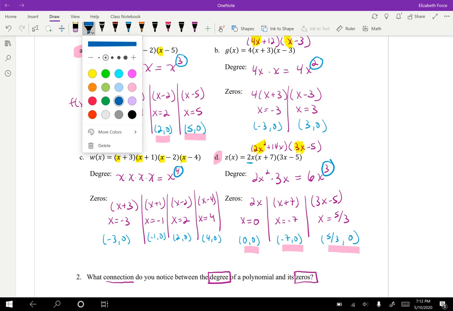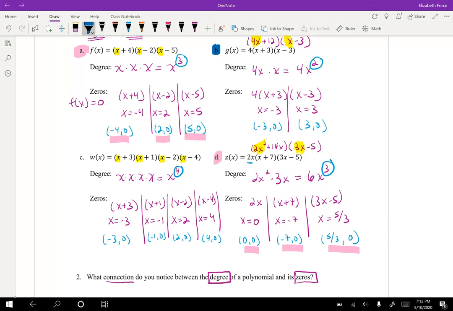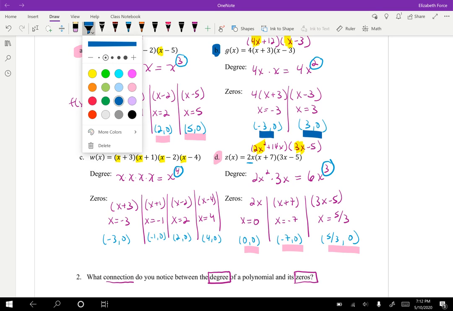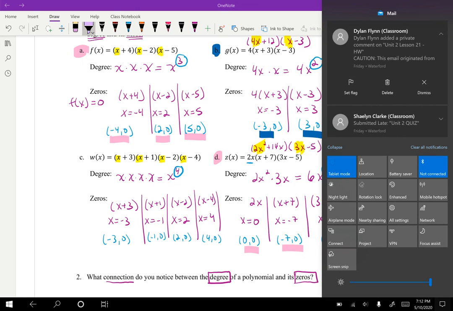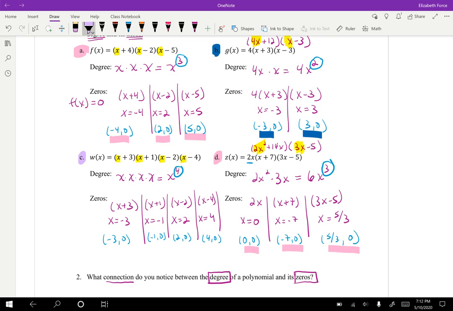If you look at B, I've got a second degree polynomial with 2 zeros. And if you look at C, it's a fourth degree with 1, 2, 3, 4 zeros.